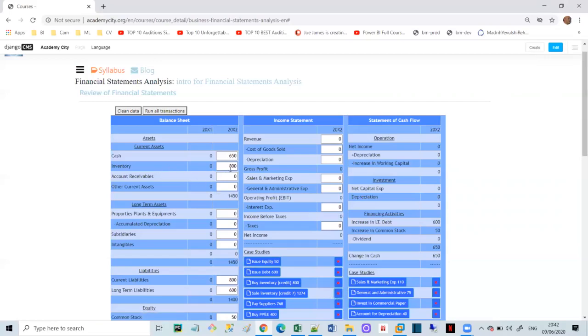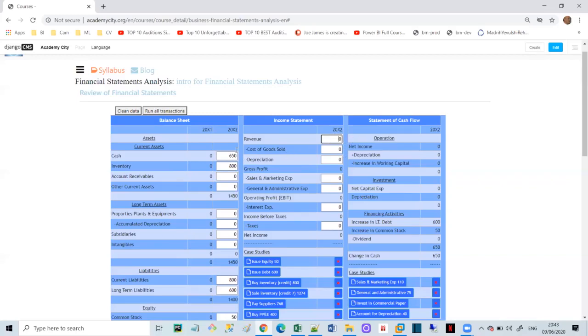I used to have only cash 650 and inventory of 800. What happened now: this one is going up, this one is going up, and this one is going down. But the total that goes up is exactly my revenue.